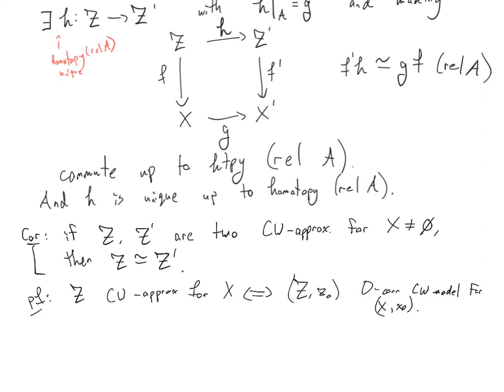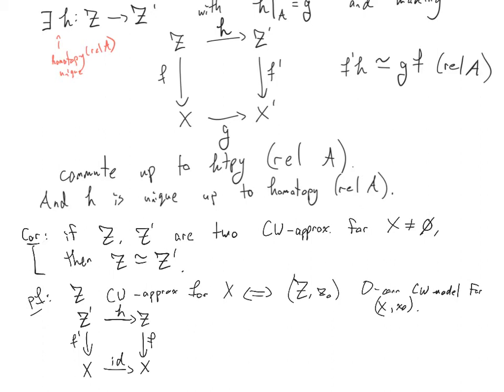So we are just going to look at this diagram for the identity map from X to X with its two different models, Z prime and Z. I guess I wrote them in that order, whatever. So we're going to get a map H lifting the identity from these two approximations, Z and Z prime.